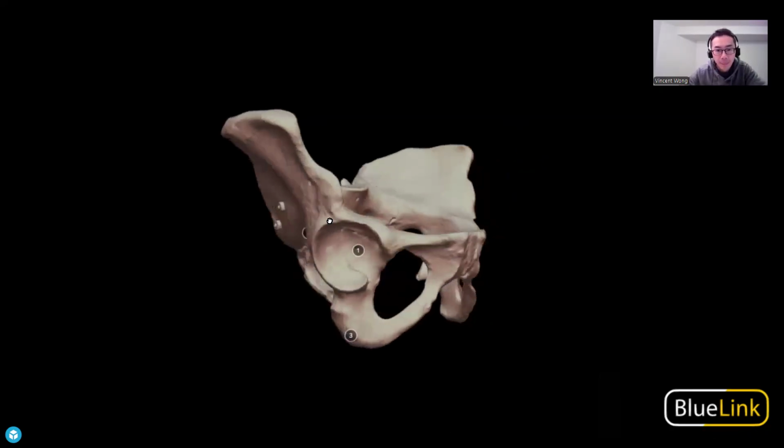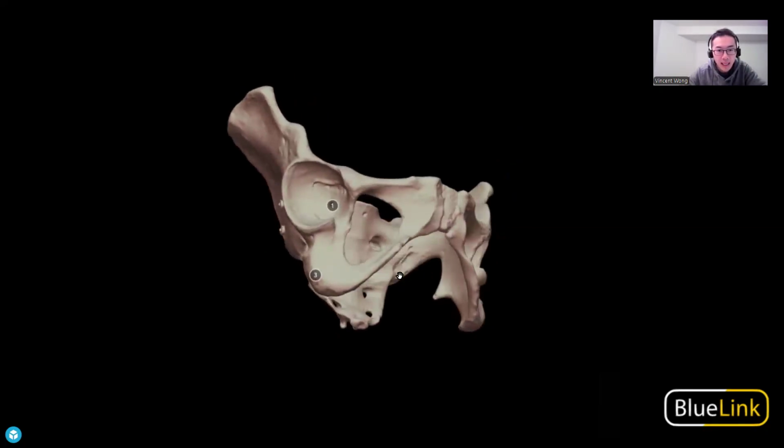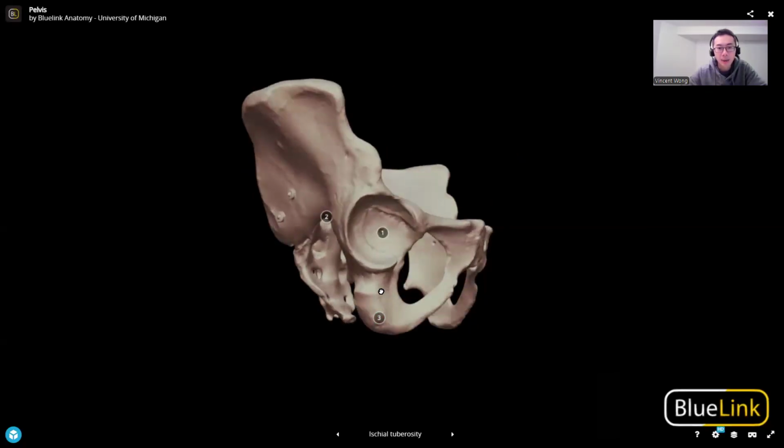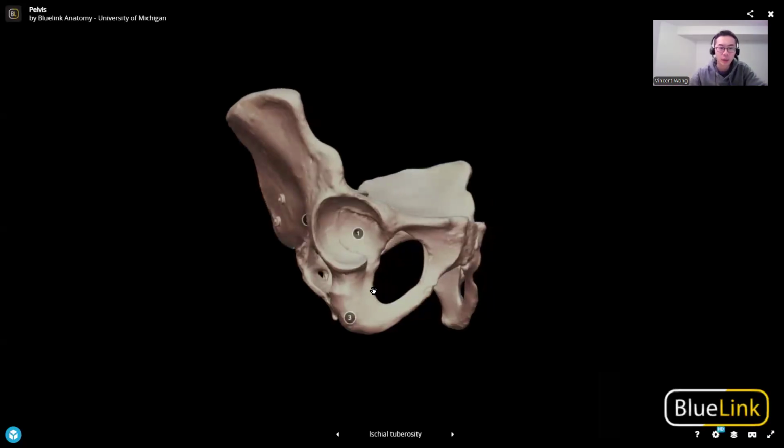Now, over here at the back, we have what's called the ischium. And the ischium is the bone that we are sitting on right now. I am assuming you're sitting, okay? So that's the knob right there at the bottom.